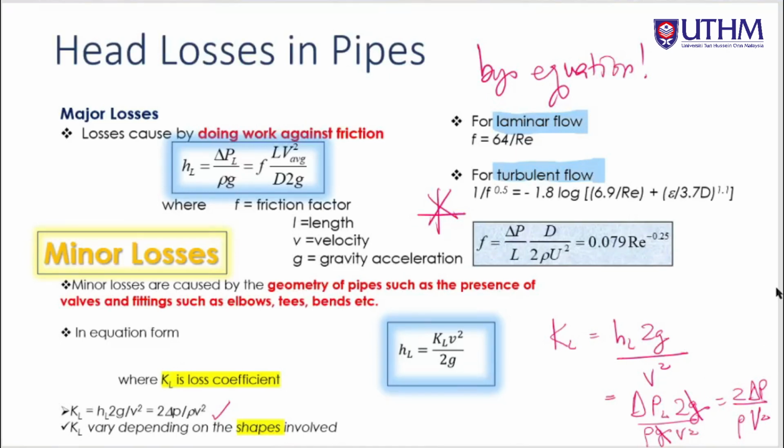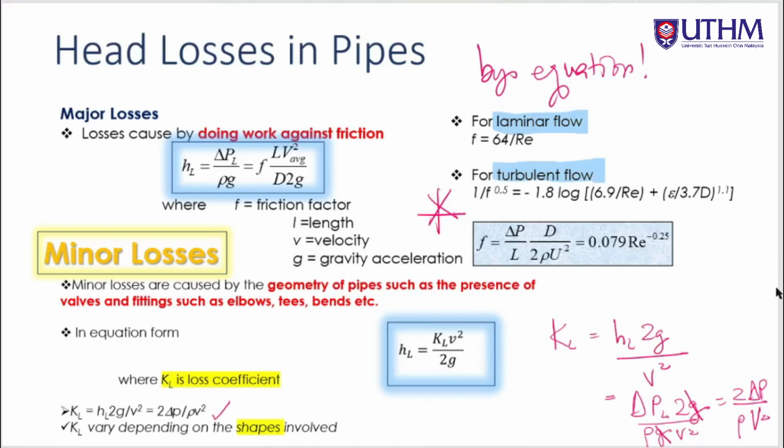Guys, kita continue dengan head losses in pipes. So this slide and lepas ni kita akan go details on the differences in analytical calculations for major losses dengan minor losses. As explained previously, what is major losses?